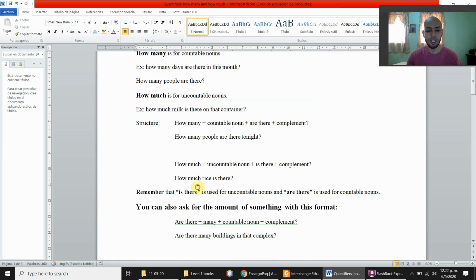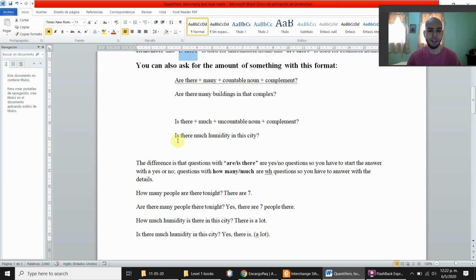So let's continue. Remember that is there is used for uncountable nouns, and are there is used for countable nouns. Repeating the information here. So you can also ask for the amount of something with this format. There is another format to ask about the amount of something. Are there plus many plus countable noun plus the complement.